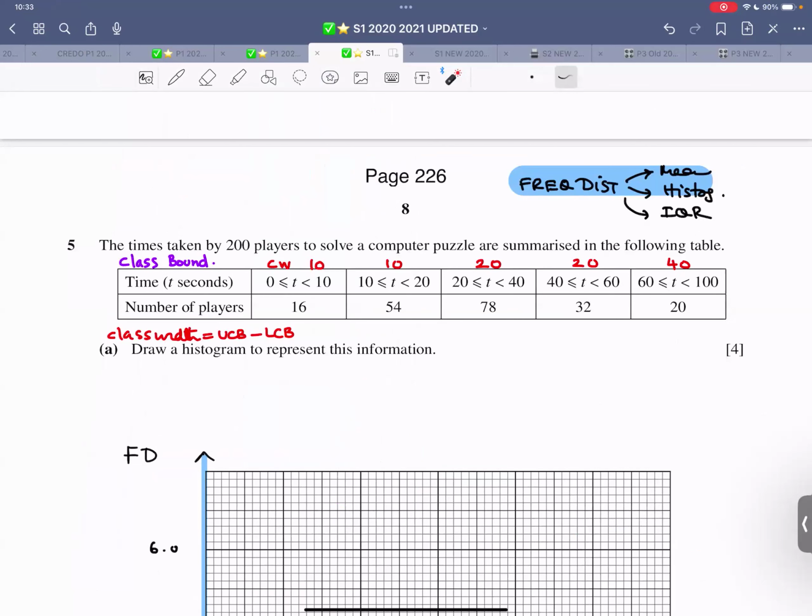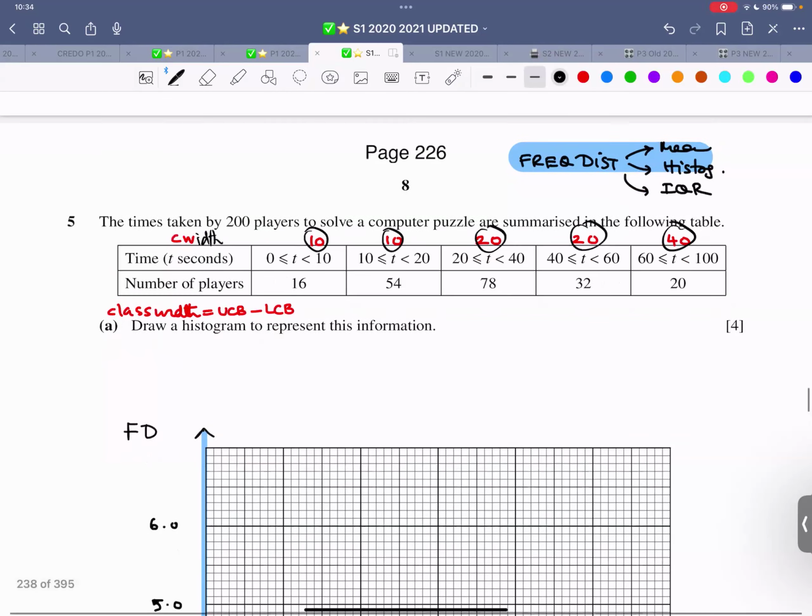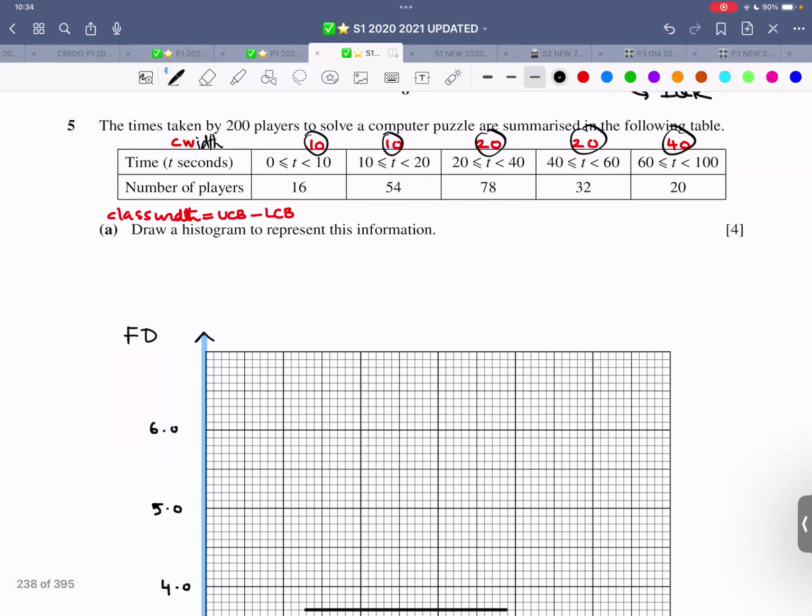Over here, make sure that these are already class boundaries. These are the class widths. So let me erase class boundary over here, pick this up and write it over here. So this is class width, and the values are 10, 10, 20, 20, 40. Number of players, that is 16.